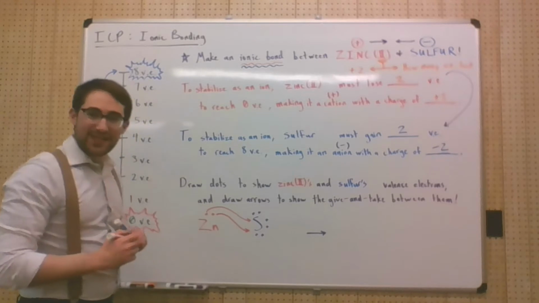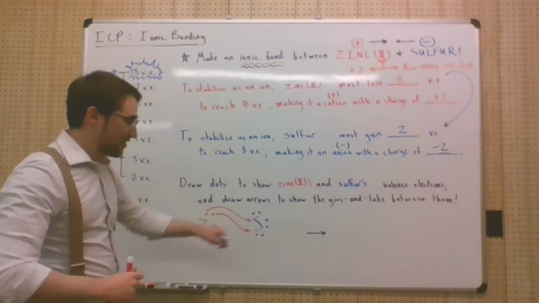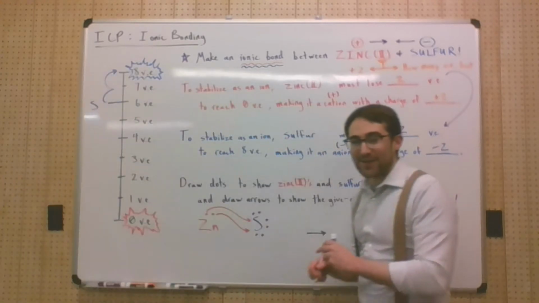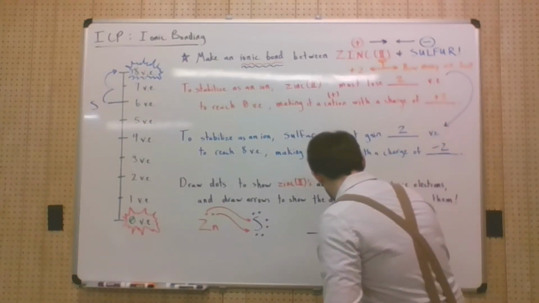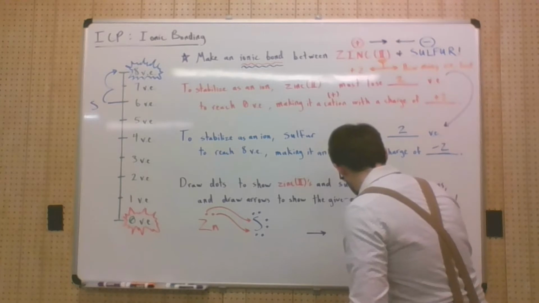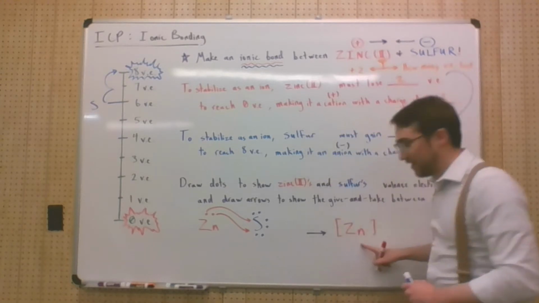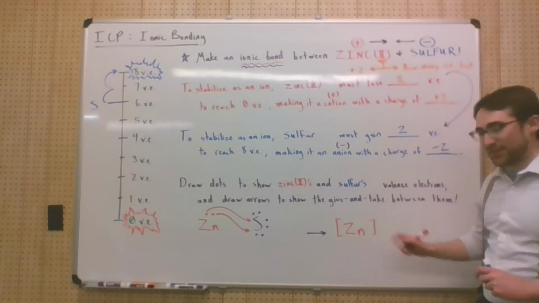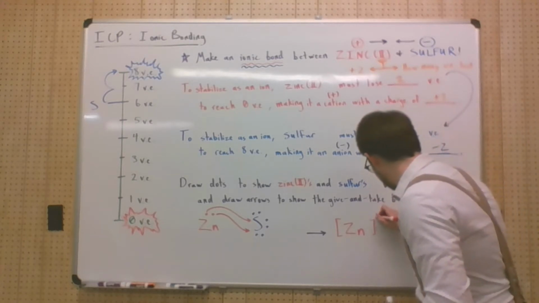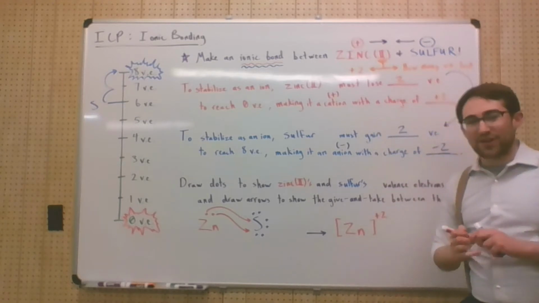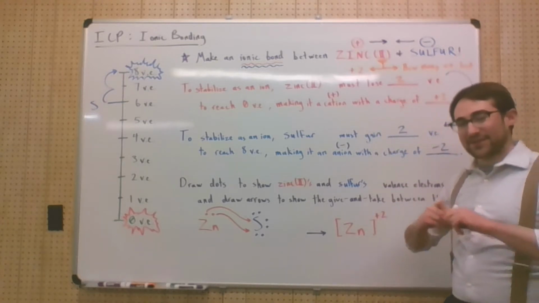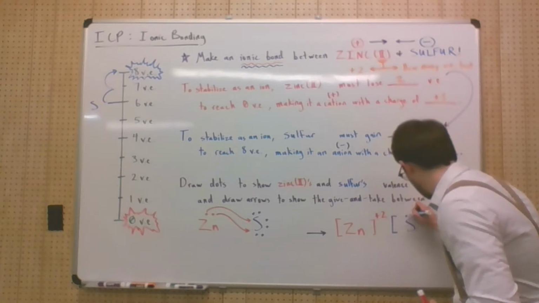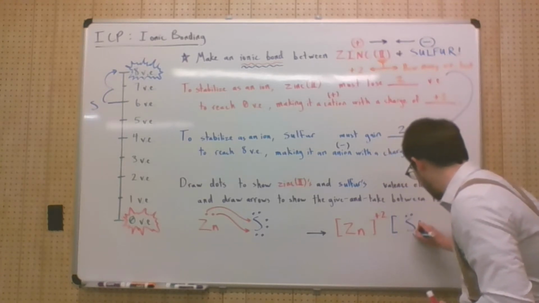Zinc is going to give up both of its electrons to this sulfur. So that way we wind up with zinc with 0 valence electrons. So no dots. And we show its charge of +2 up in the corner here. And sulfur with all 8 of its valence electrons. 1, 2, 3, 4, 5.